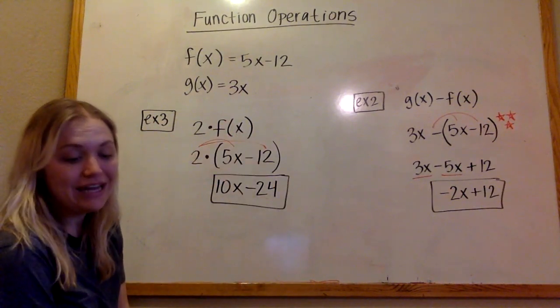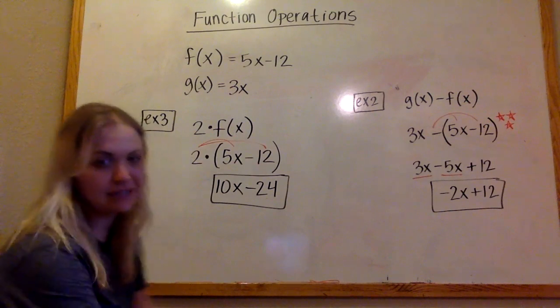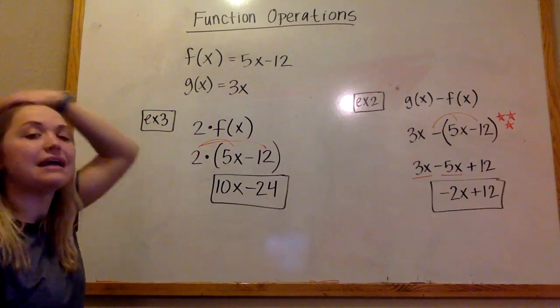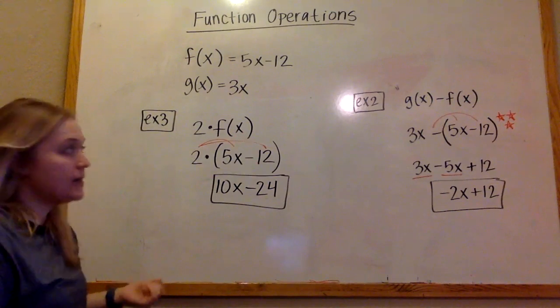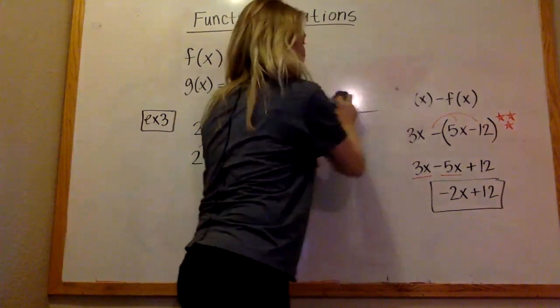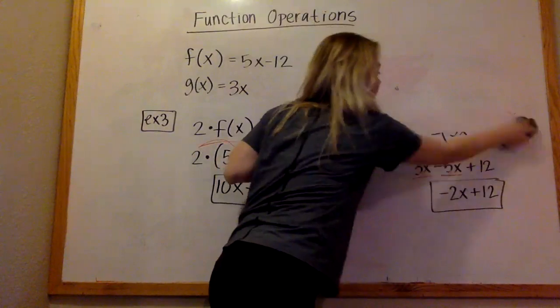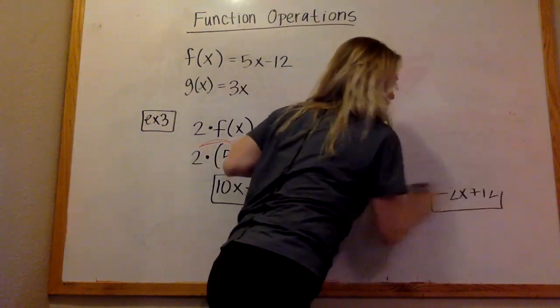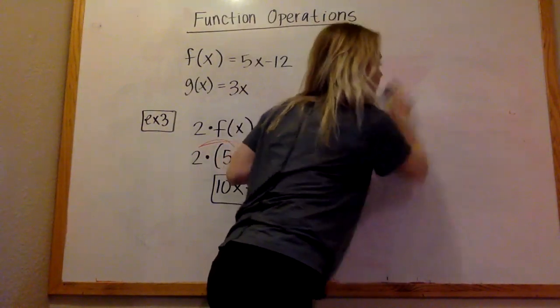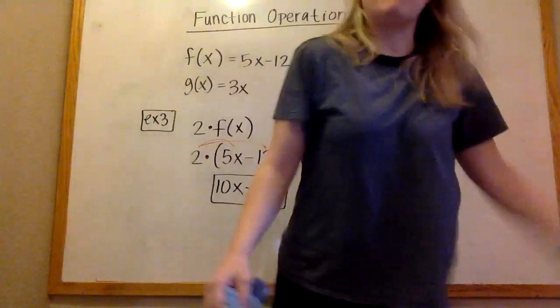Okay, one last example, the best one of all. We're going to call this example 4, and I'll put it over here. So for example 4, we are going to use a little bit of what we learned during the input-output stuff.